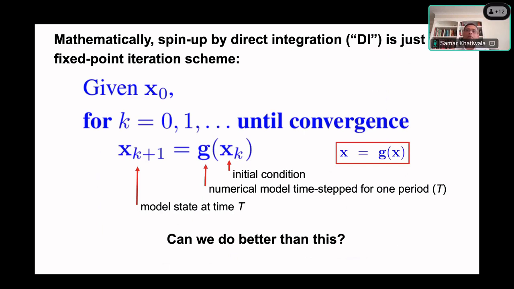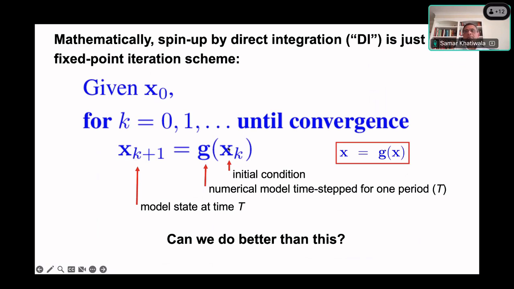So you can think about spin up by direct time integration, which is what we do conventionally, as mathematically being some kind of fixed point iteration scheme, where you start with some initial state of your model, which I'm going to call x0. You plug it into your model, which I'm going to call symbolically by this function g, and you integrate it for one forcing cycle, which typically is about a year, the seasonal cycle, and you get a new solution out.